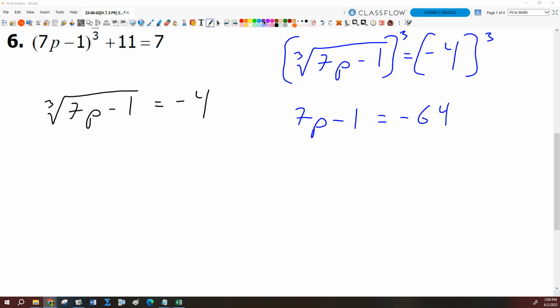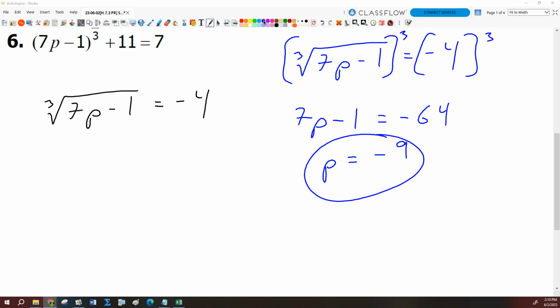Okay, now last two steps. What do I get then? I get negative 63, then divide by 7, and I get negative 9. Okay, so we would then need to check that, right, by plugging it back in.